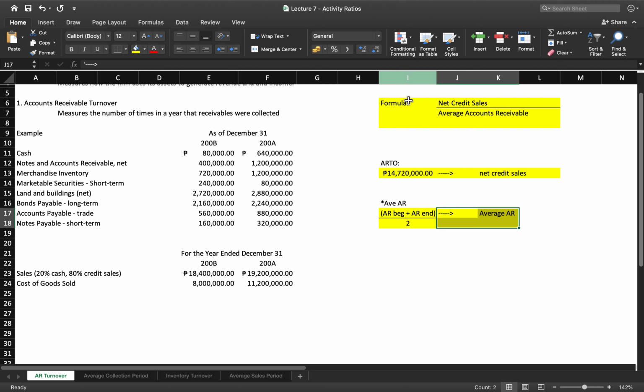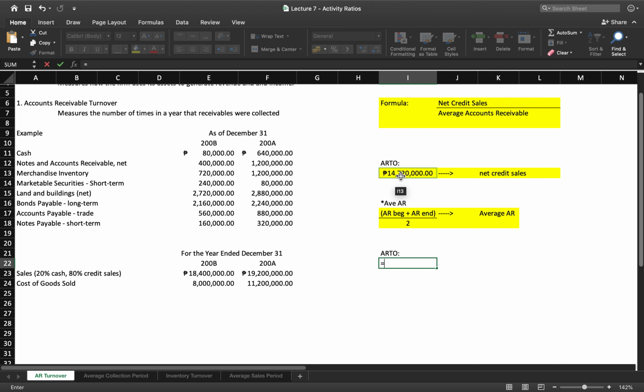So, we have completed the needed information. We will now solve for accounts receivable turnover. So, simply lift the amounts: 14,720,000 as credit sales to be divided by the average accounts receivable.